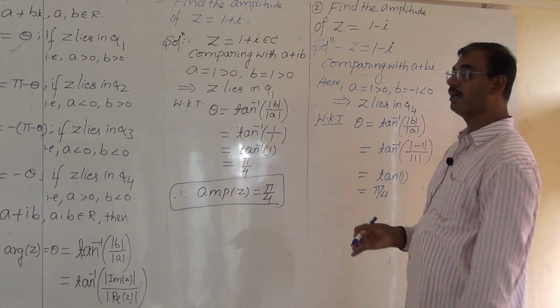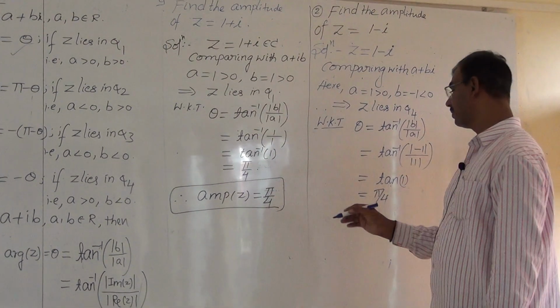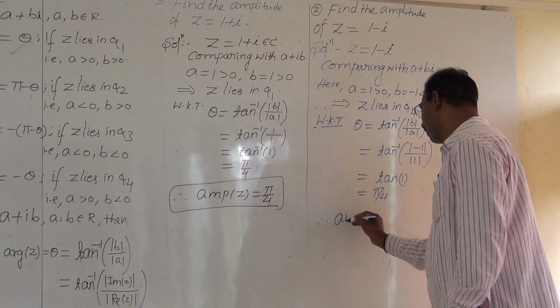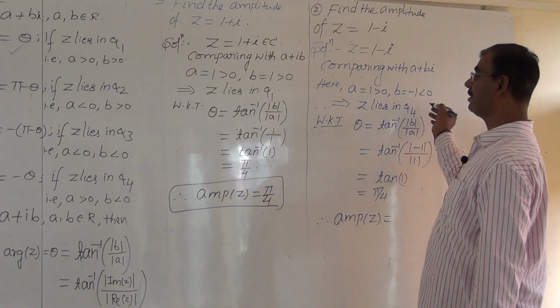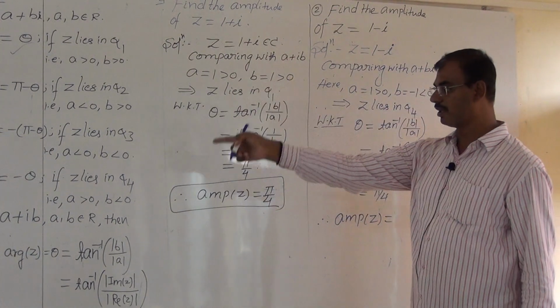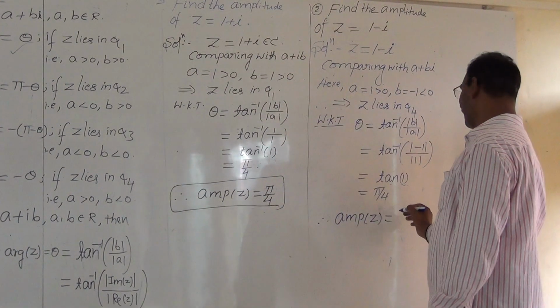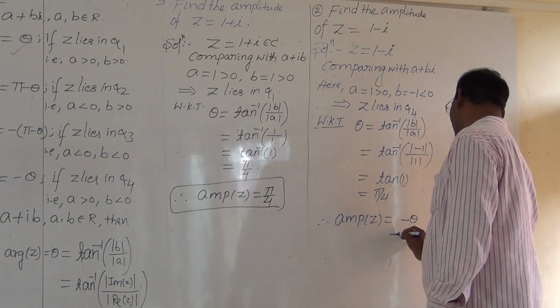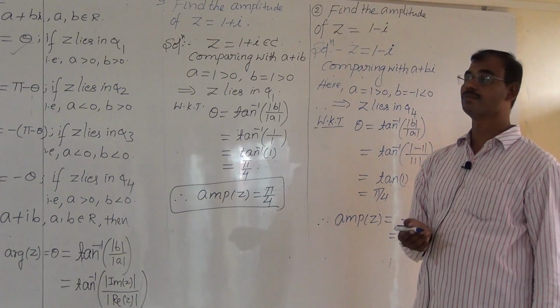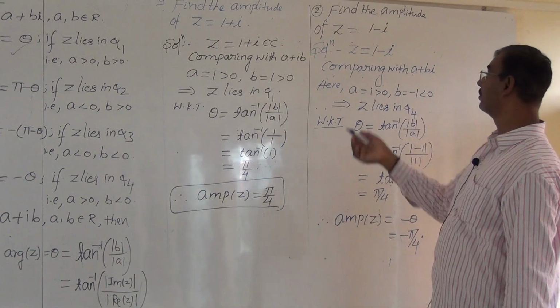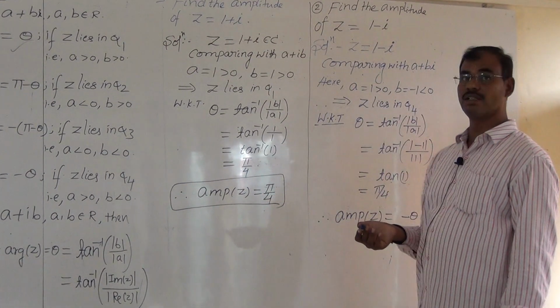But the actual amplitude of Z: Z lies in the fourth quadrant. In the fourth quadrant, what is the actual amplitude? Minus theta. That is minus pi by 4. This is the answer.